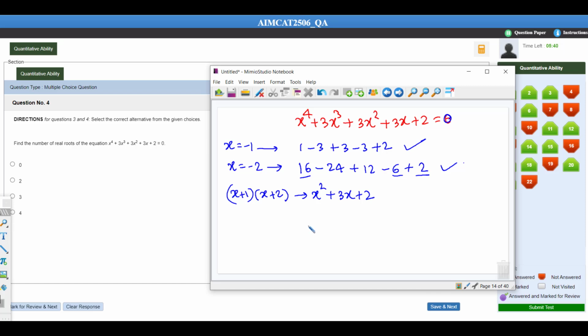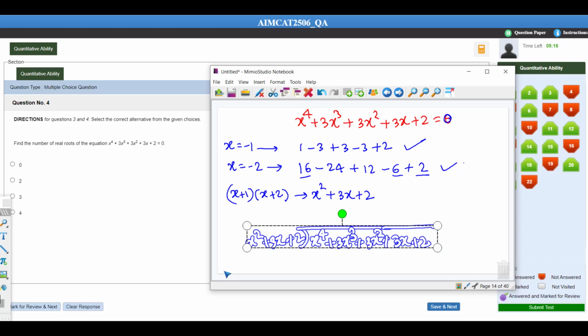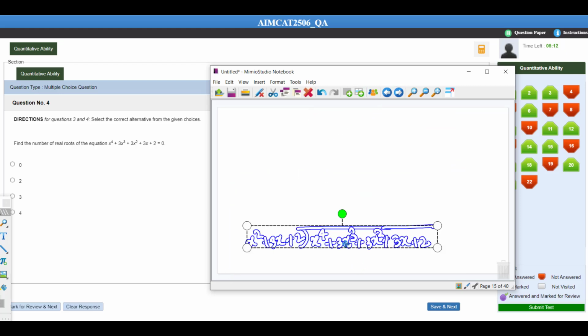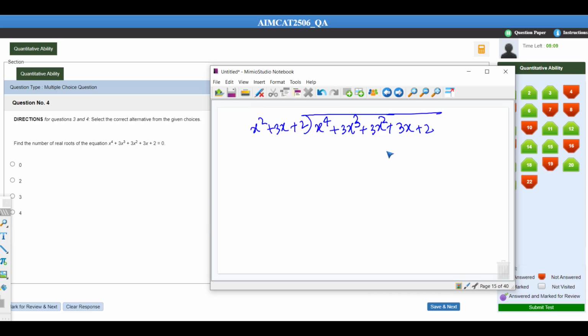So we will divide x to the power 4 plus 3x cube plus 3x square plus 3x plus 2 by x square plus 3x plus 2. Let's have a look at what we get.